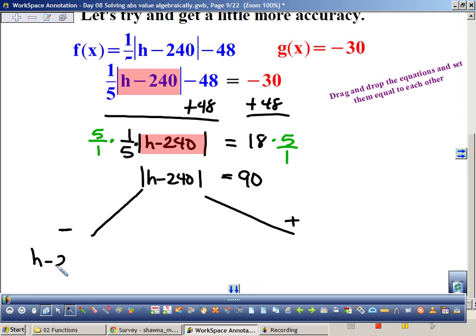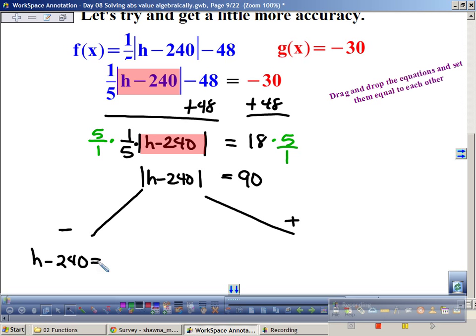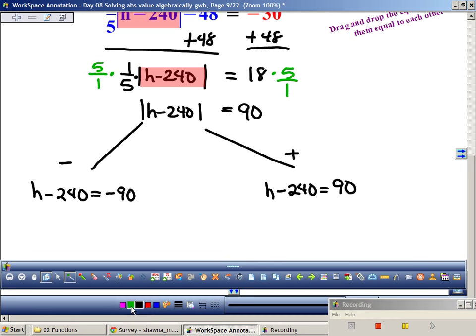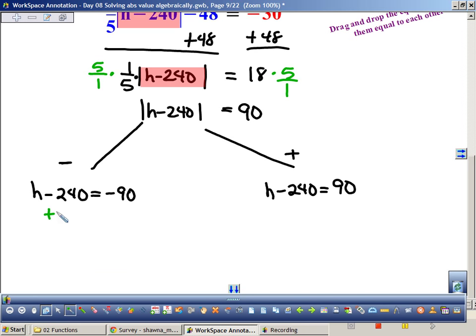So I'm going to have H minus 240 is equal to negative 90, and H minus 240 is equal to positive 90. As soon as I split it, you drop off these absolute value symbols. Now all I have to do is add 240 all the way across.